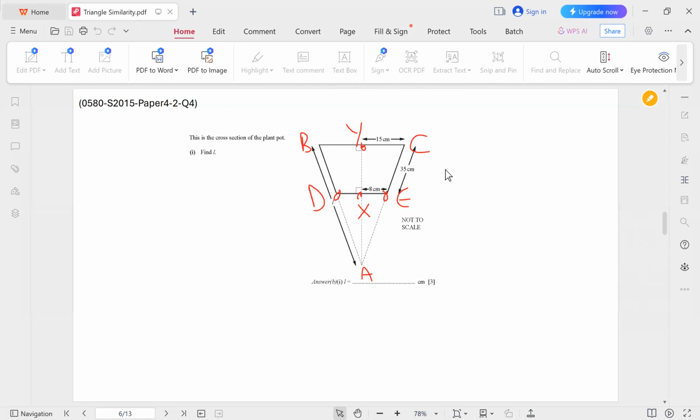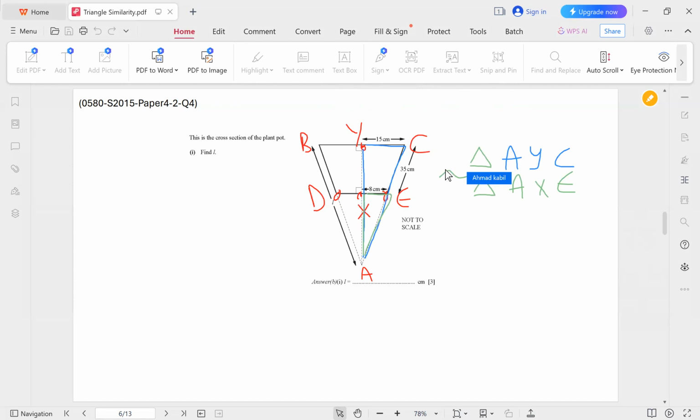Now you should know that the following triangles are similar to each other. So the blue triangle, which is triangle AYC, is similar to the green triangle, which is triangle AXE. These two triangles are similar to each other.